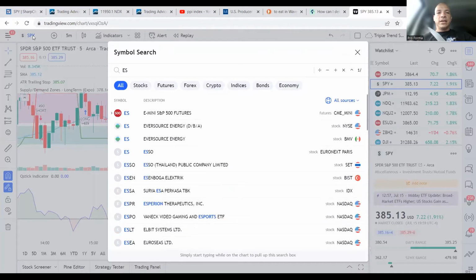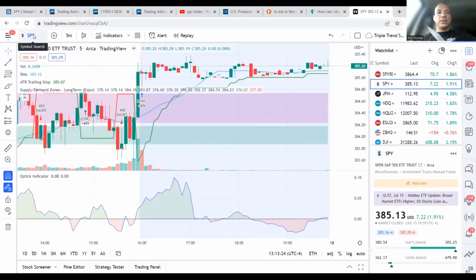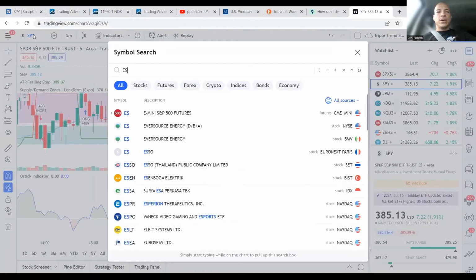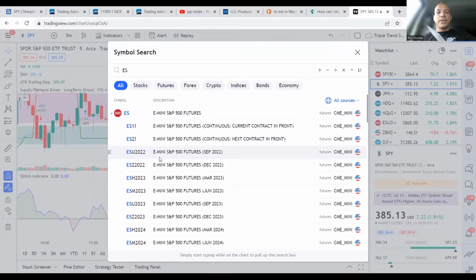The ES is a futures product, and futures trade 24 hours a day, except on Eastern Standard Time from 5:30 to 6 o'clock. And so in order to track the SPY overnight, because it's like 99% correlated, whatever the ES does overnight, the SPY will mimic and track.